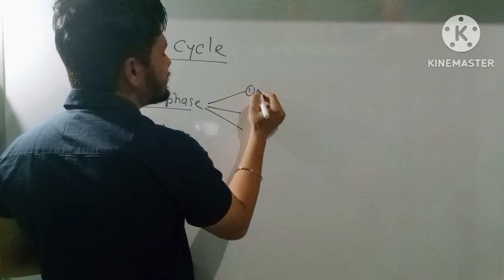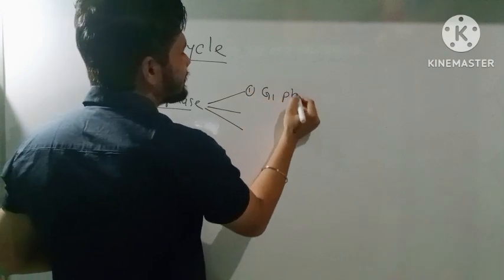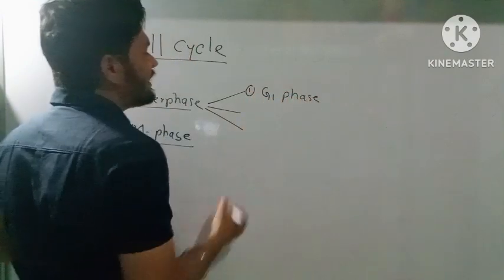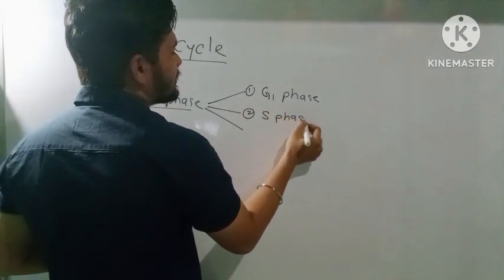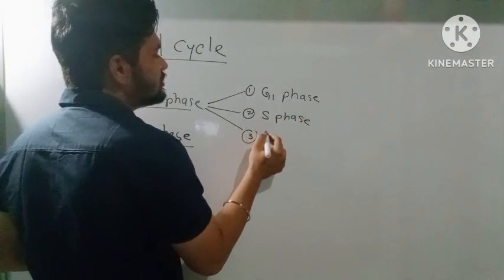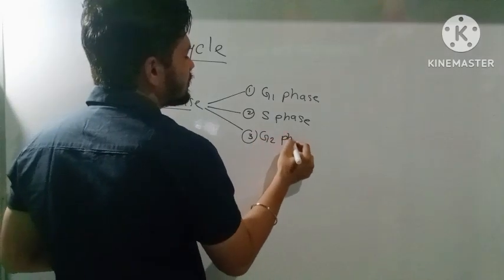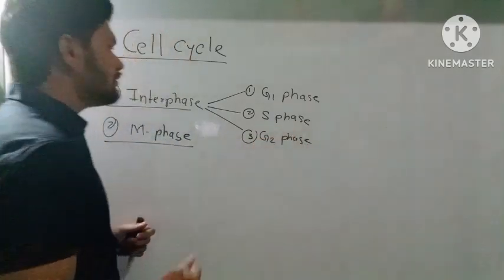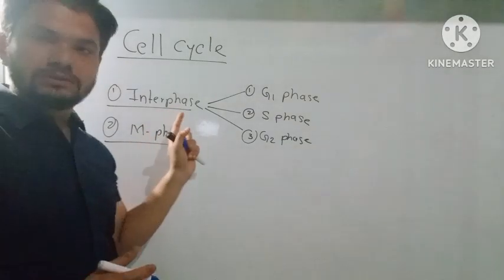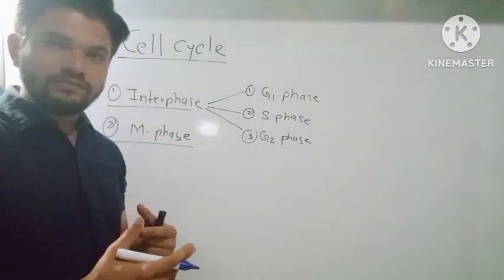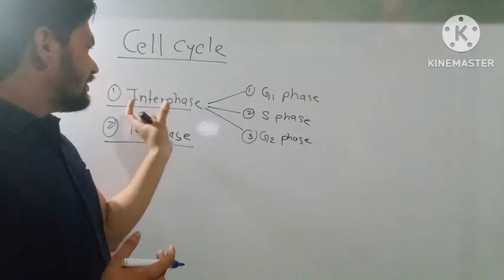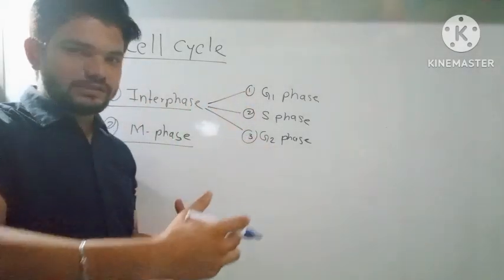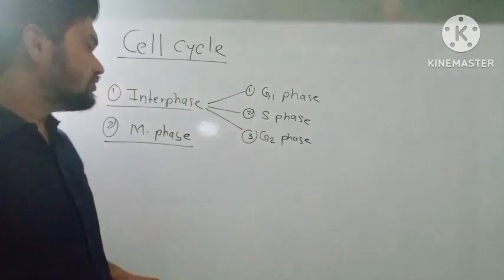First is G1 phase, second is the S phase, third is the G2 phase. So interphase, which is also called the resting phase, can be divided into these three subphases, G1, S and G2.